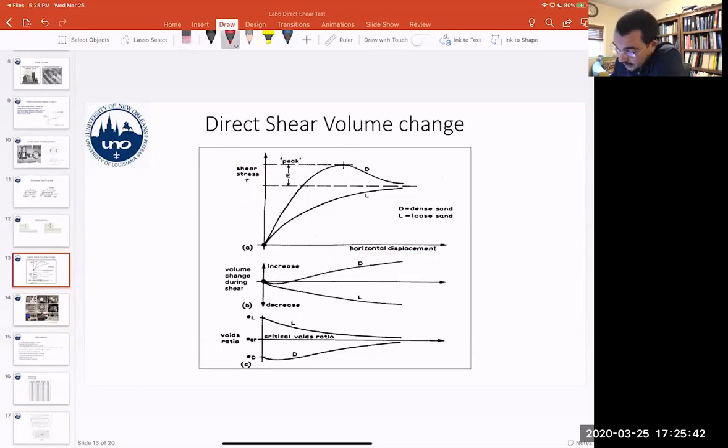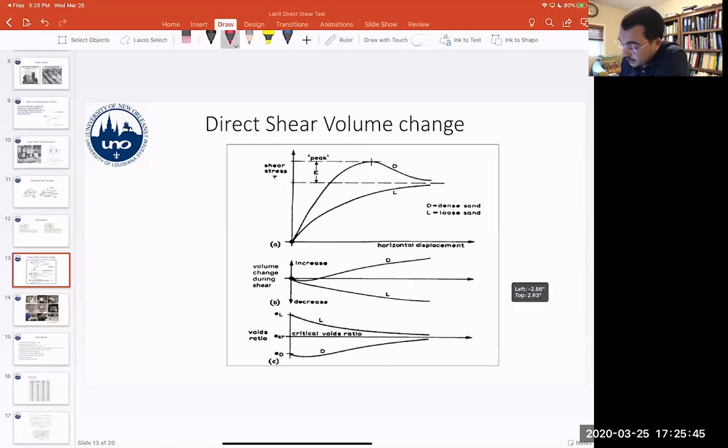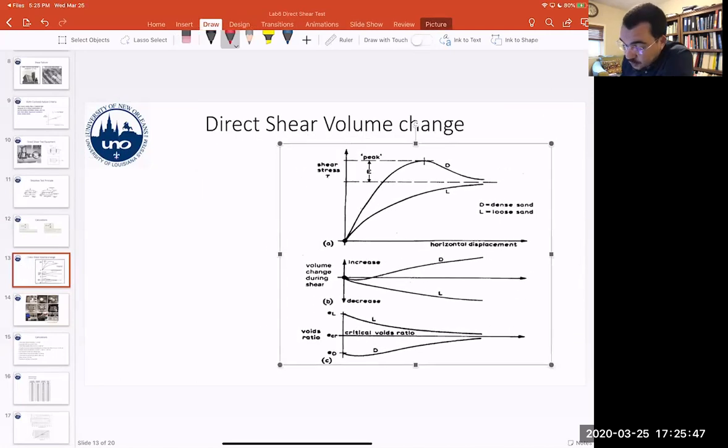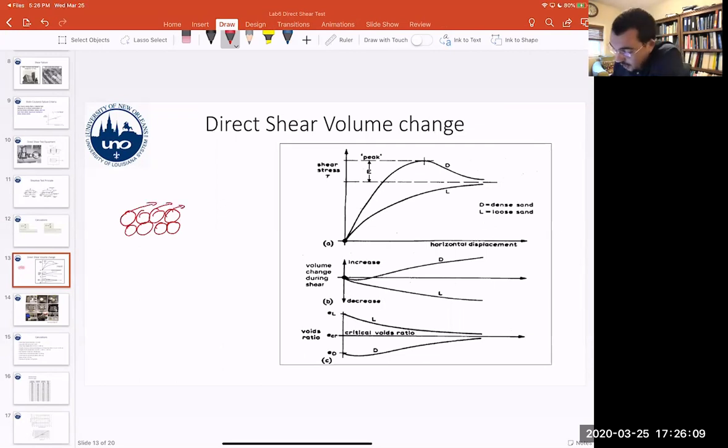So basically, when you start with dense soil, all of these soil particles are packed tightly to each other. So the only way that they can move once you start shearing them is up. And that's why you see this volume change during shearing.